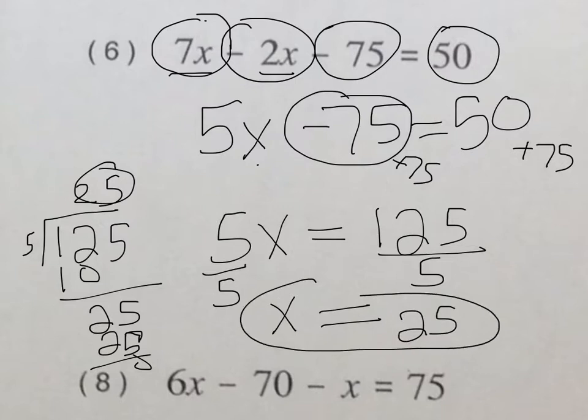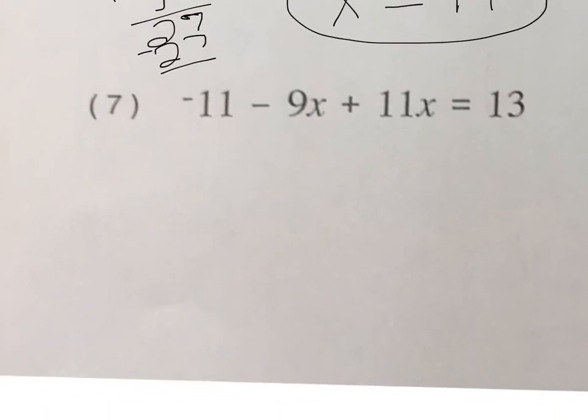And x equals 25. If I would put it in here, 25, I could multiply those out. Minus 75. That minus 2 times 25, and then minus 75 would get me down to 50. Okay. 2 more to go, 7 and 8.